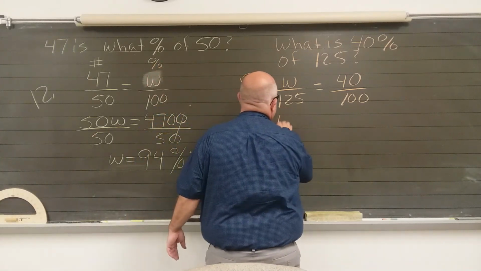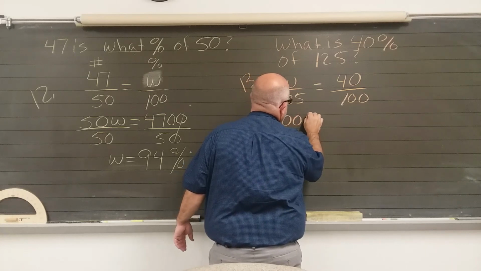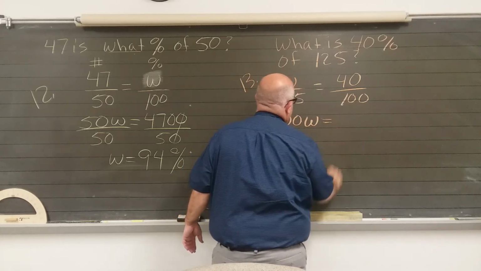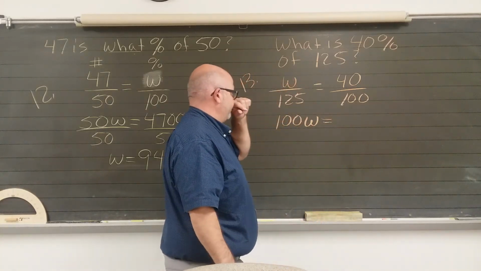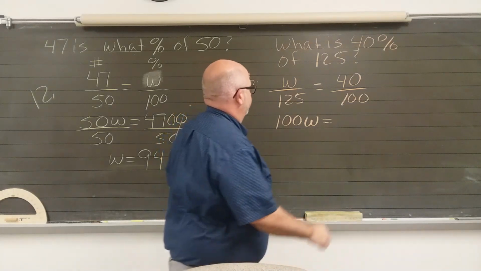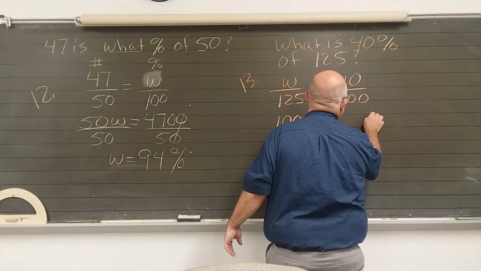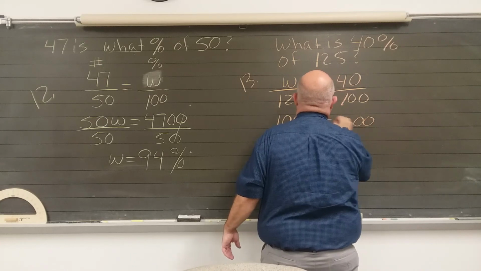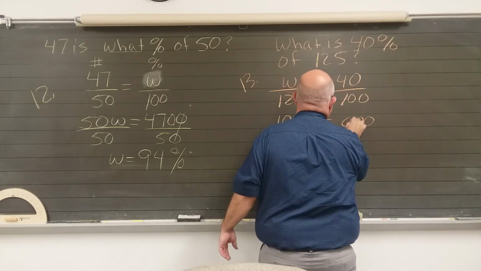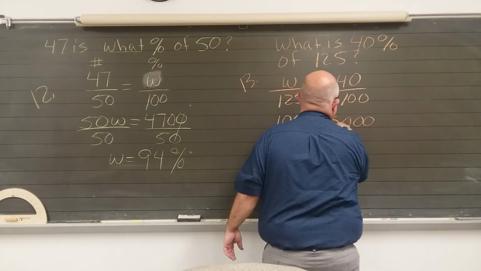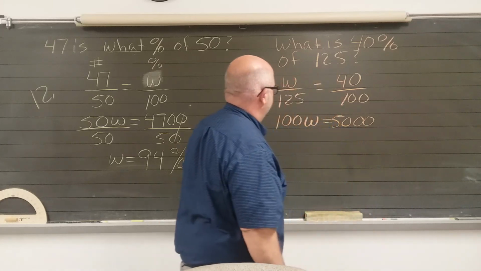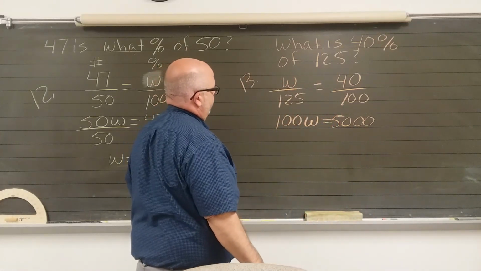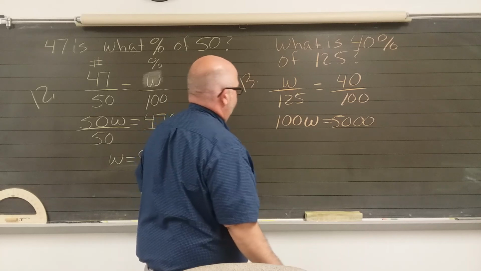So then you have 100W equals 125 times 40. What's 125 times 40? That would be 5,000. Is that right? What is 40% of 125?